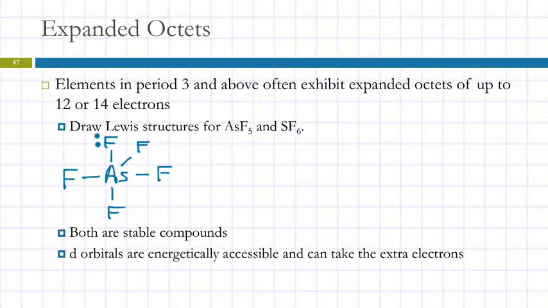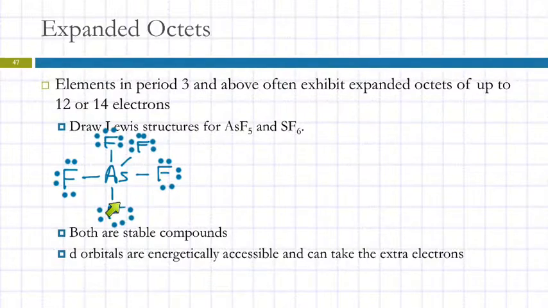And if you count up all the electrons, you can do it like this. And that's the correct number of valence electrons in the Lewis structure. These fluorine atoms are all very happy. They have octets, they have one bond, 0 formal charges.